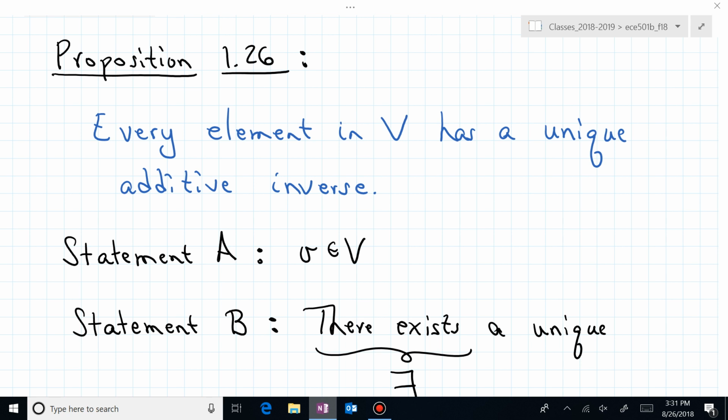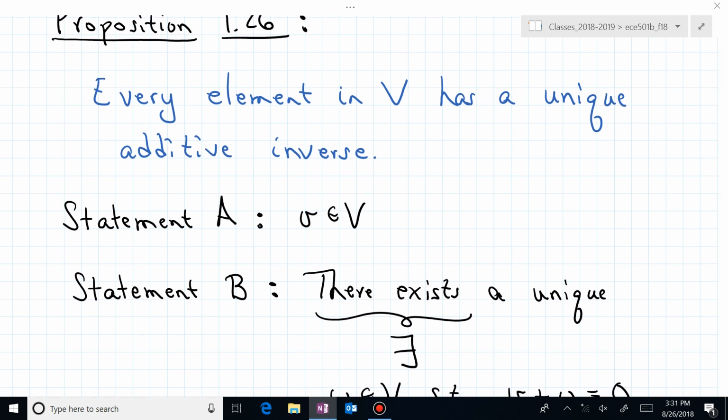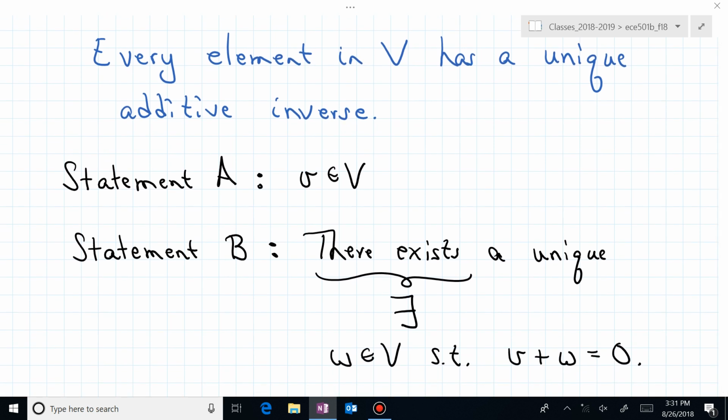To go back to what we've been talking about in terms of our conditional statements, identifying the A statement and the B statement, in this particular proposition, the A statement is really: for all V, or pick a V in the vector space, capital V. That's statement A. We select an arbitrary element in V. Statement B is saying there exists a unique, let's just call it W, that also belongs to our vector space V, such that V plus W equals the zero element in our vector space.